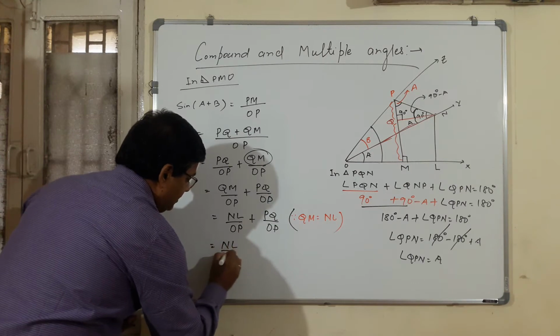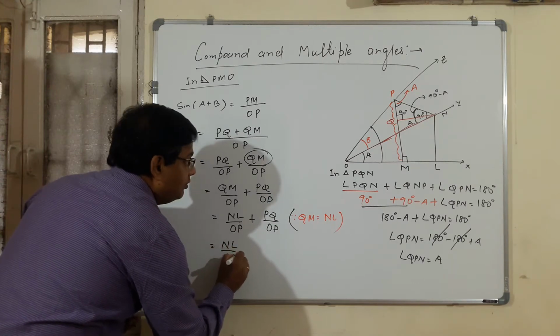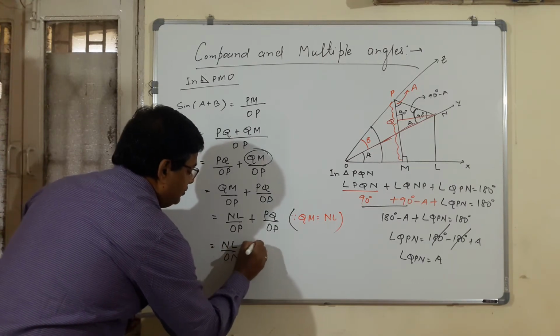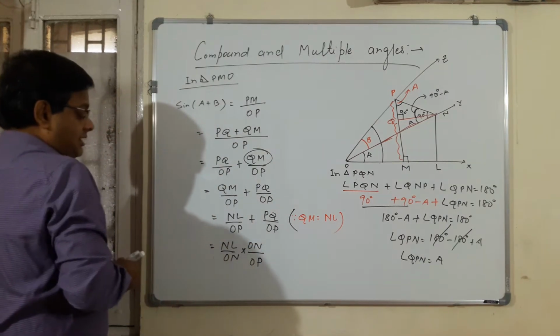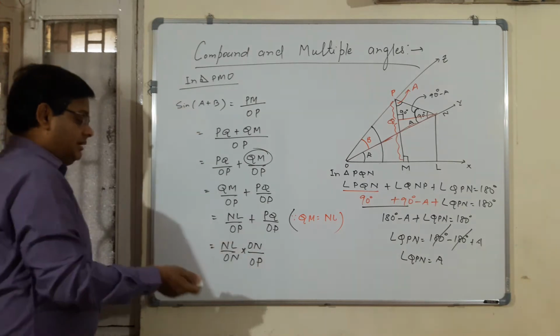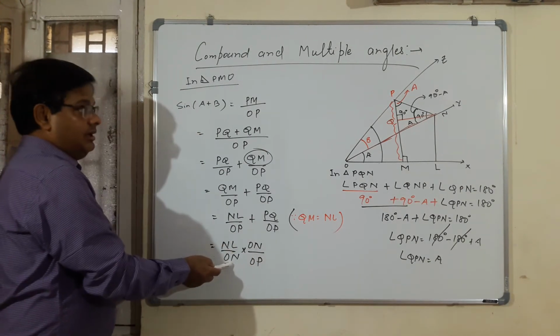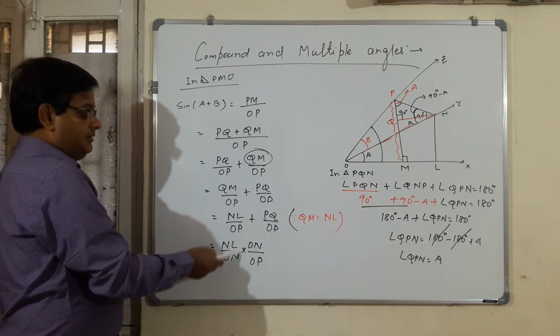NL divided by ON into ON divided by OP. So see here, ON and ON cancel. It means as it is.